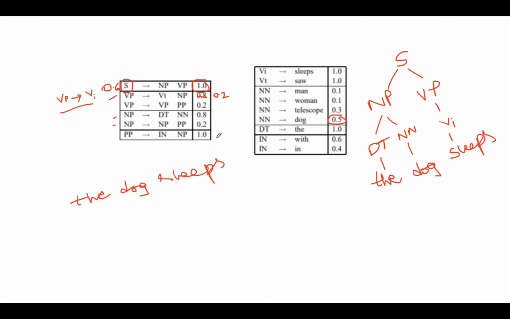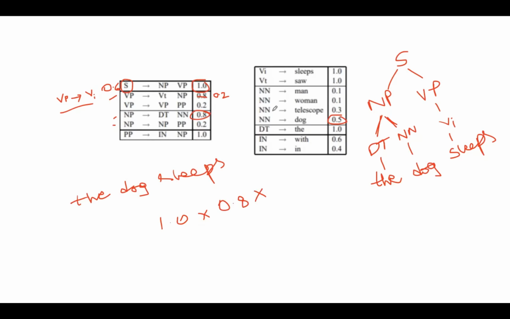The first rule, S derives NP VP, has probability 1.0. Next, NP goes to determiner and noun, with probability 0.8.